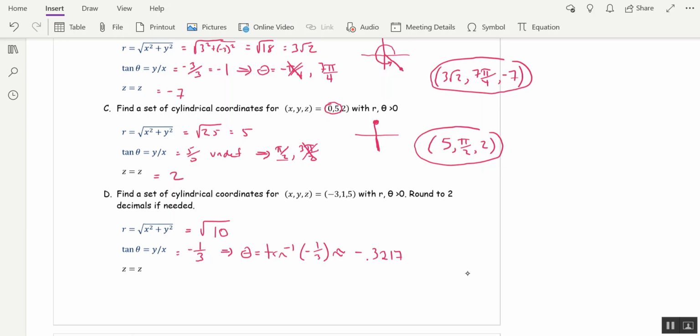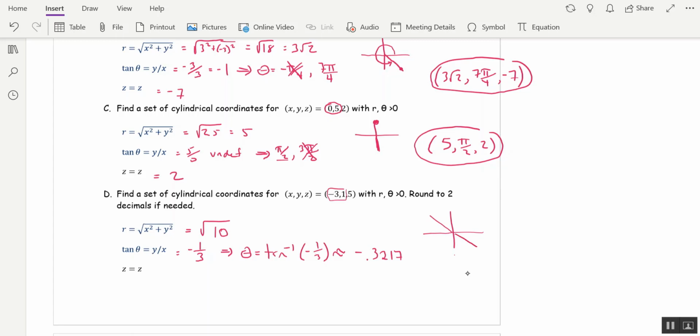To determine theta, I always make an XY plot of X and Y to figure out what quadrant I'm in. So X is negative 3 and Y is 1. So I'm up here, okay? I'm in quadrant 2 in the XY plane. Now, tangent inverse always gives an angle between negative pi over 2 and pi over 2.